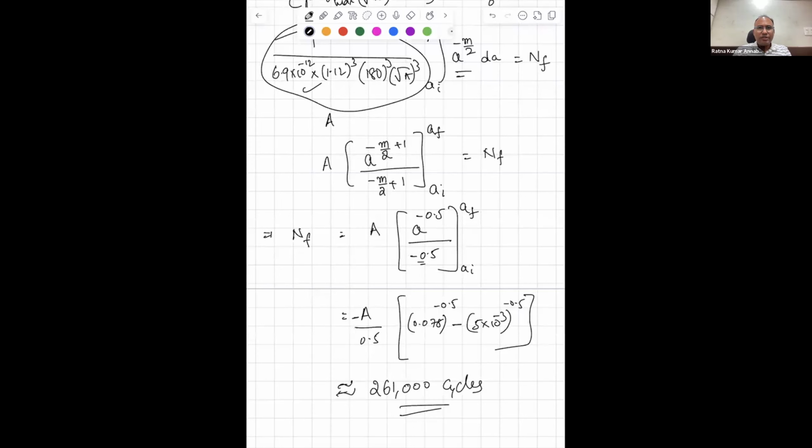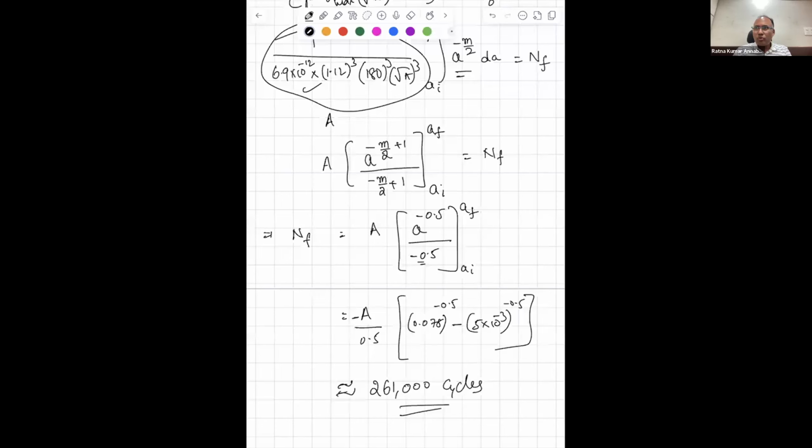Sigma max is equal to 180 MPa. Okay. Now let me see.